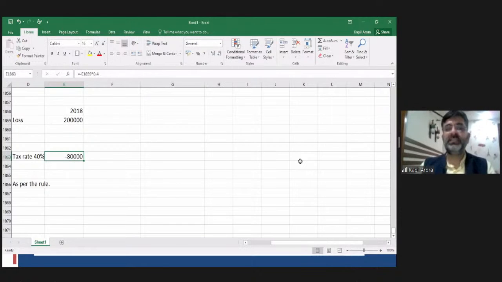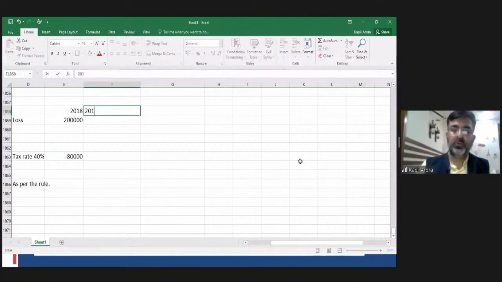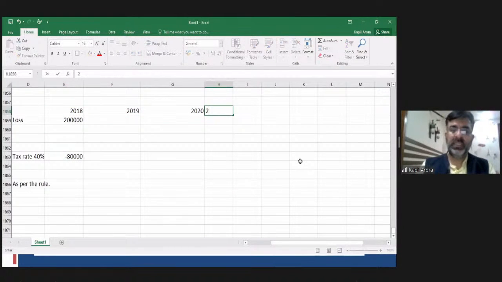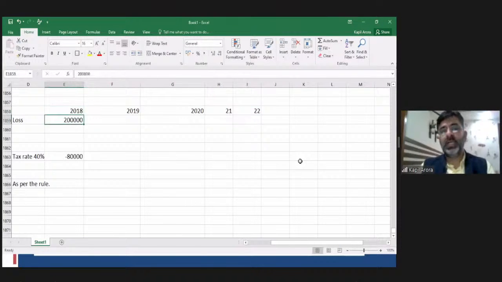But what the government says is that you have made the loss of 2 lakh, where your tax loss is 80,000, which is supposed to be recovered. What we can allow you is to recover this amount. I am not going to pay it back, but keep this amount with you. Whenever you have any tax liability, keep on reducing your tax liability with 80,000 and then pay us. So in 2019, 20, 21, 22, and so on, up to 8 years, this 2 lakh loss can be carried forward.